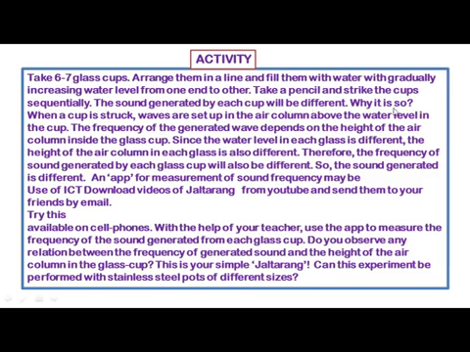Why is it so? When a cup is struck, waves are set up in the air column above the water level in the cup. The frequency of the generated wave depends on the height of the air column inside the glass cup. Since the water level in each glass is different, the height of the air column in each glass is also different.